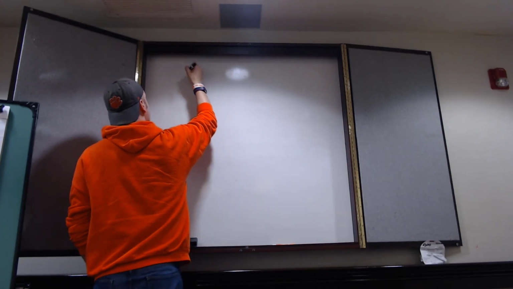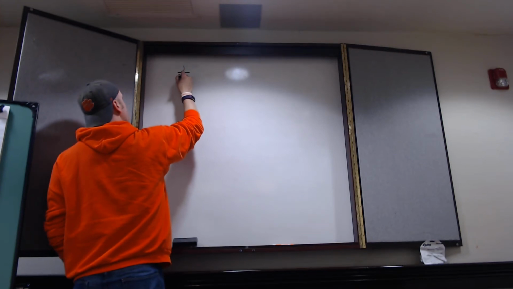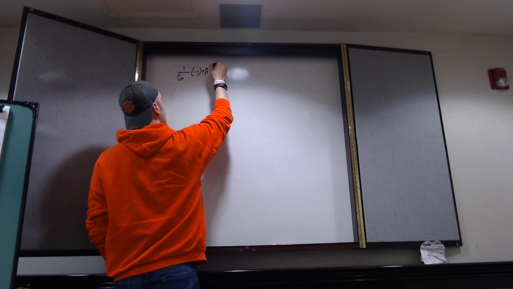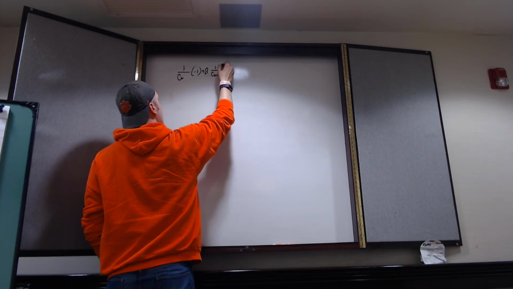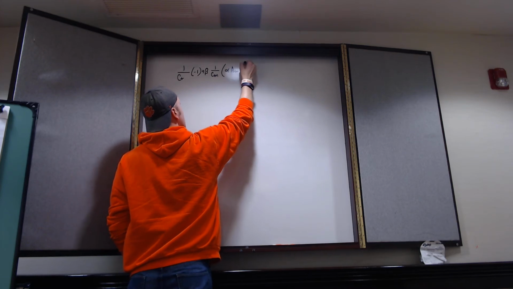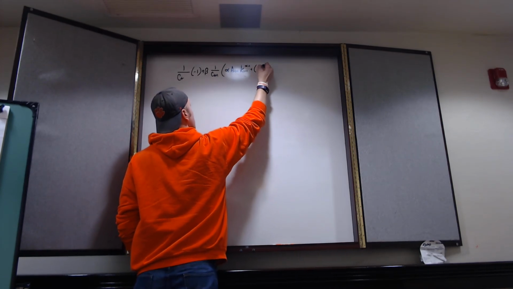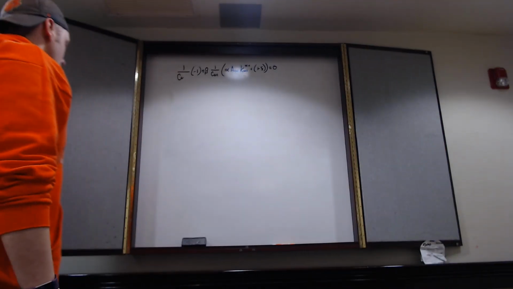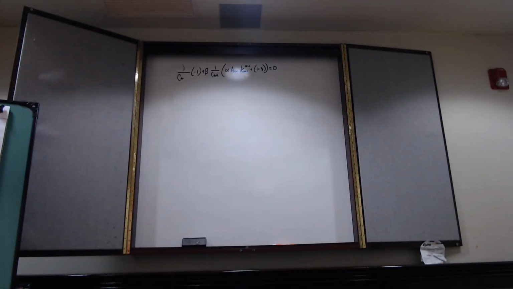Now, what I'm going to have is 1 over CT times negative 1 plus beta times 1 over CT plus 1 times alpha times AT plus 1, KT plus 1 to the alpha minus 1, plus 1 minus delta, and that's equal to 0.